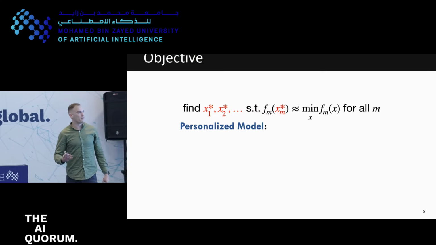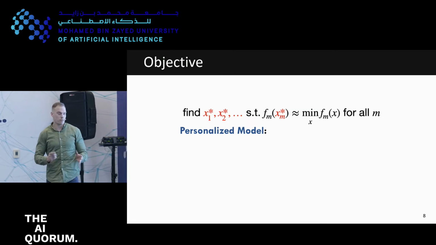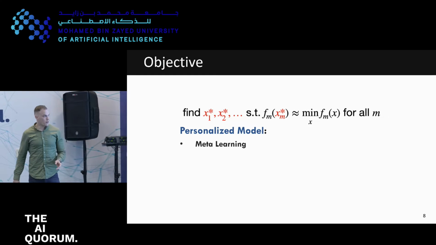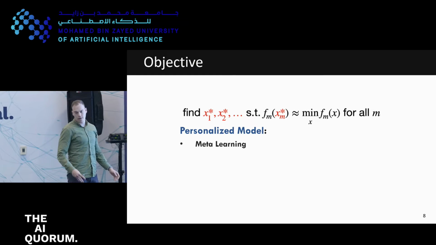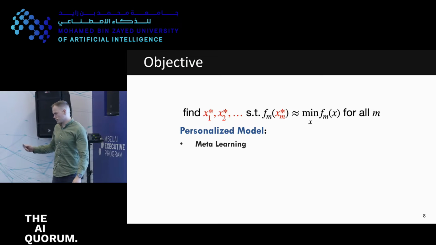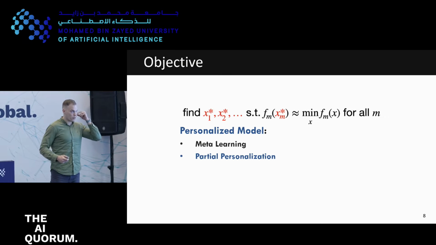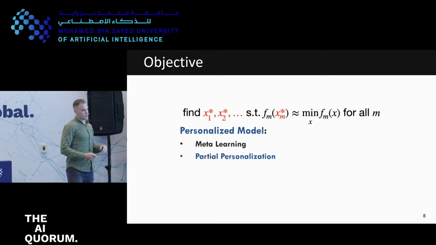But in order to also benefit from the personalization, we somehow have to link the clients together. One of the most popular approaches is meta-learning, and I guess some of you in the room already have some work on this. Another potential way, which I will focus on more in this talk, is partial personalization.